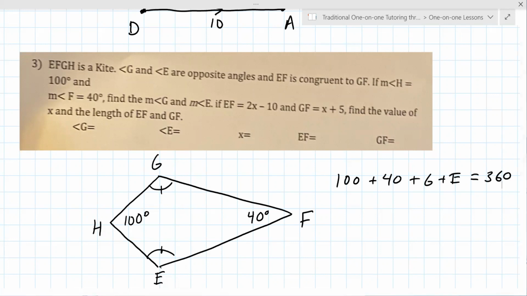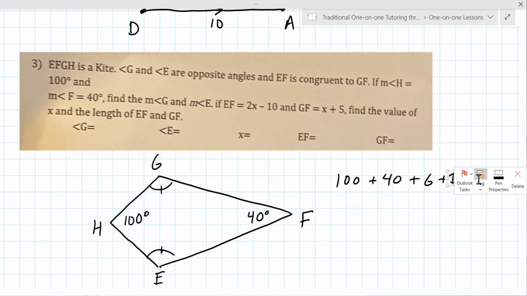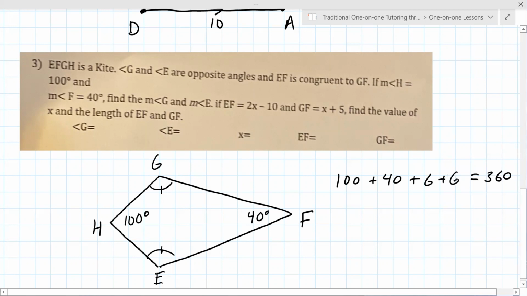Now G and E are the same, so we actually don't need both letters. We'll just call it G instead of E because they're the same. So we have 140 plus 2G equals 360.